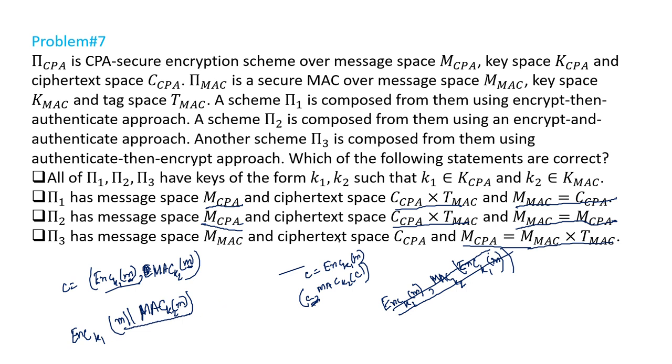MMAC is fixed, and the ciphertext space is nothing but the ciphertext space of the encryption scheme Pi CPA. So the ciphertext space is not changed, it is CCPA only. Is this clear? Yes, ma'am.